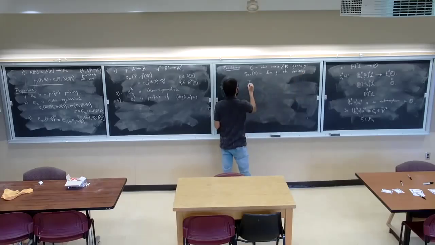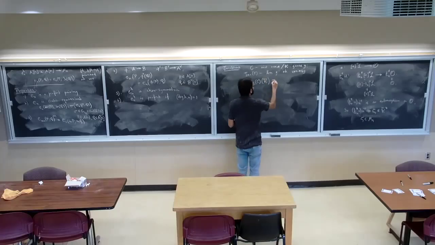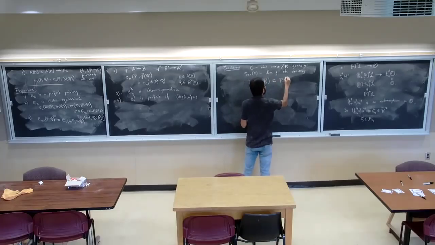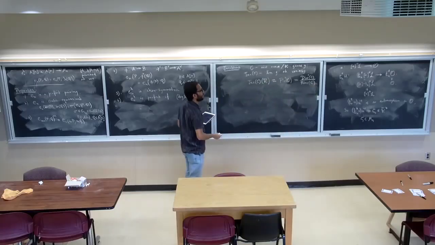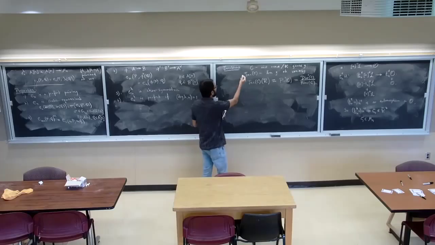If you just look at the geometric points of the Jacobian, think of it as the group of degree 0 divisors on C quotiented by principal divisors. Okay. The one good thing about Jacobians is that these come with a canonical principal polarization.